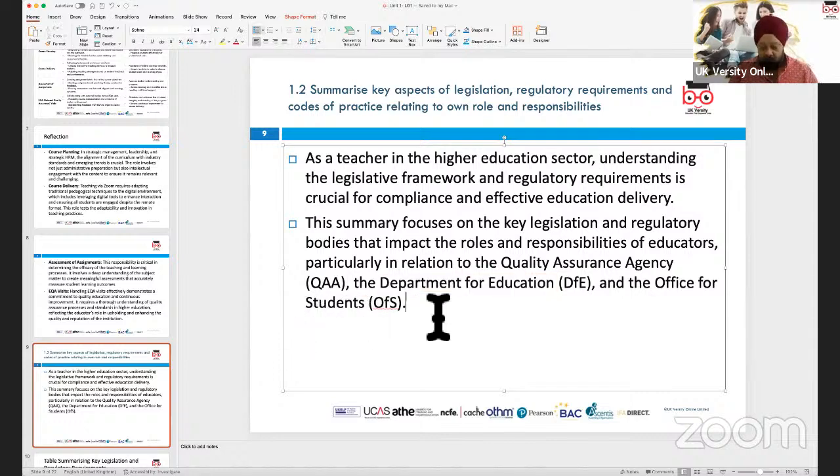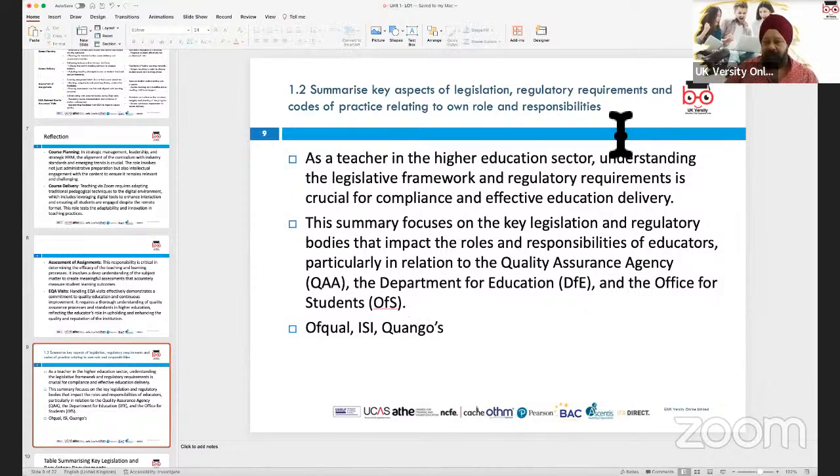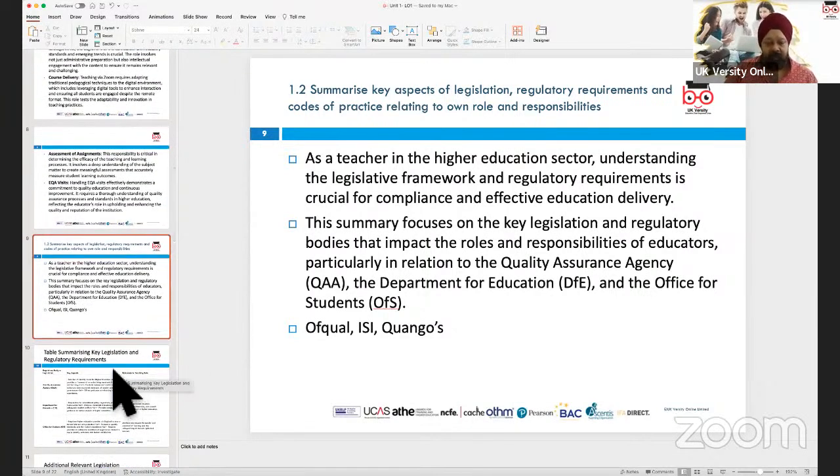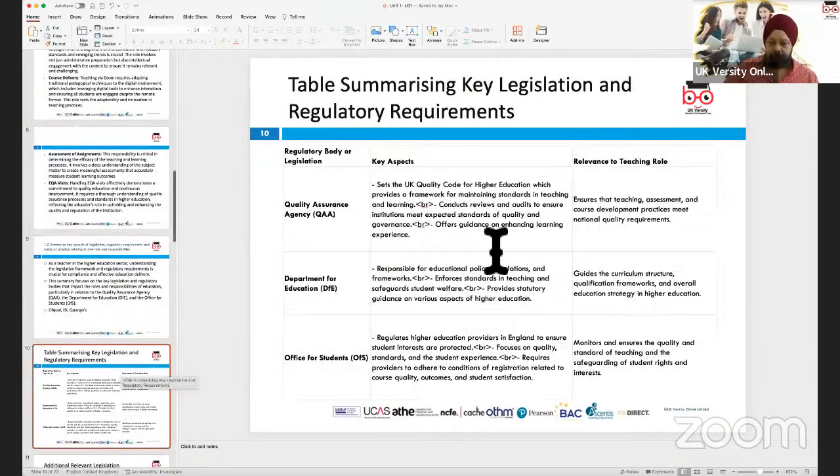It could also include Ofqual, specifically for schools, or ISI, the Independent Schools Inspectorate. And there could be other Quangos, which we sometimes call semi-government bodies, which basically look at maintaining, upkeeping, and, let's put it this way, setting standards, which could be then followed by various providers within this particular sector.